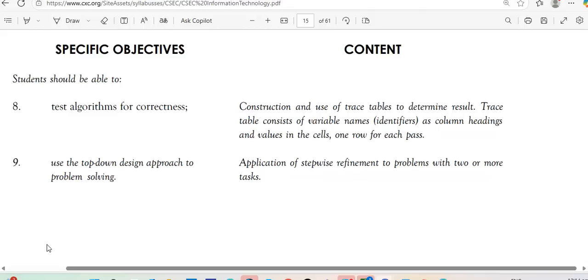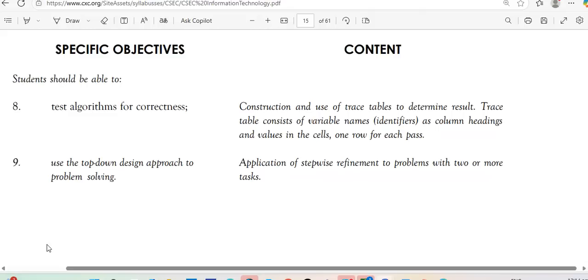So this is a methodology that's used to solve complex problems by breaking them down into smaller, more manageable sub-problems. The approach involves starting with a high-level overview of the problem and gradually refining it into more detailed components.